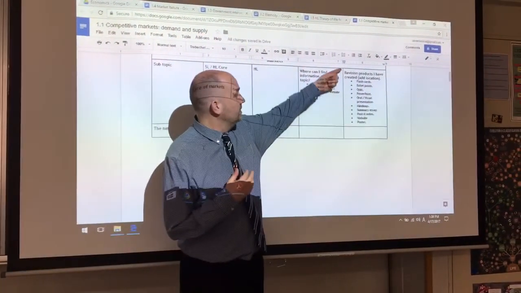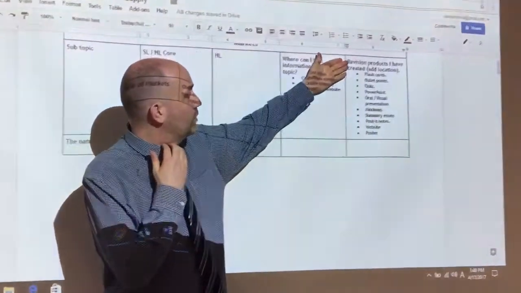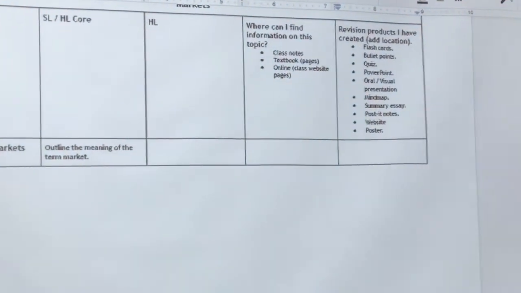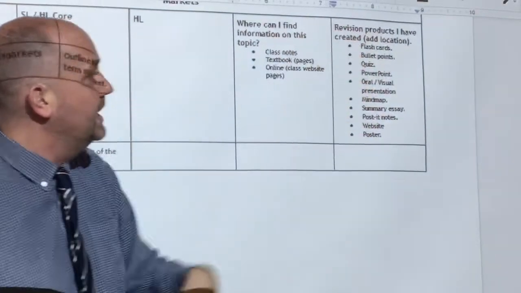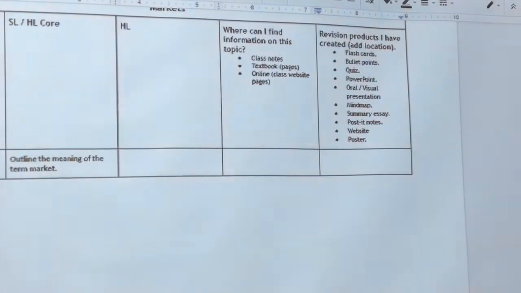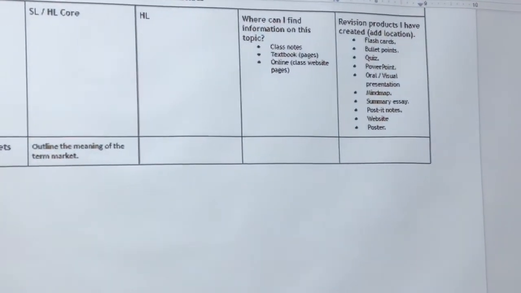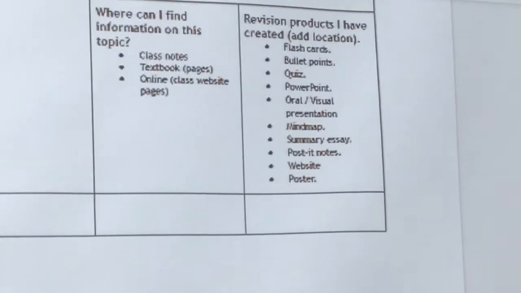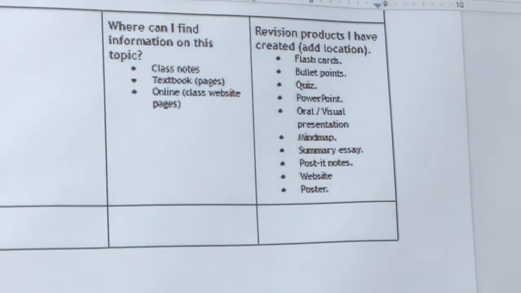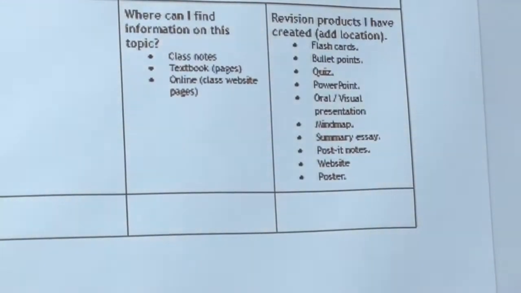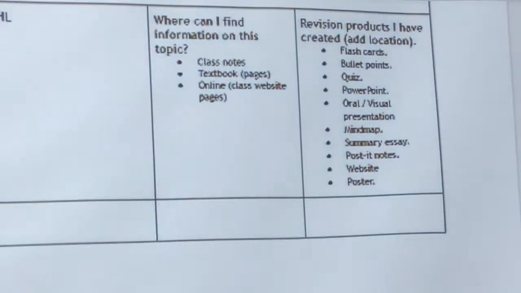And you can see here on this part of the table, we've got revision products I have created. So what you do, you look at the information, and from there you can create, as you can see there, flashcards, bullet points, quiz, PowerPoint presentations on your phone, mind maps. You might want to make a summary essay, post-it notes, create a website, look at a website, or an old-fashioned poster.